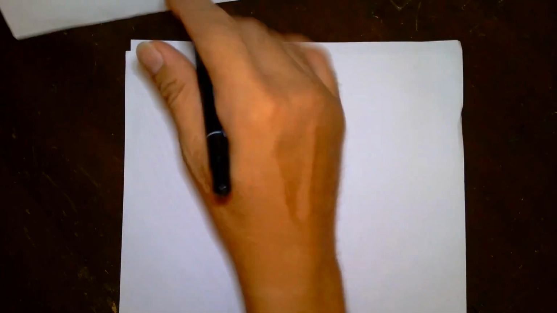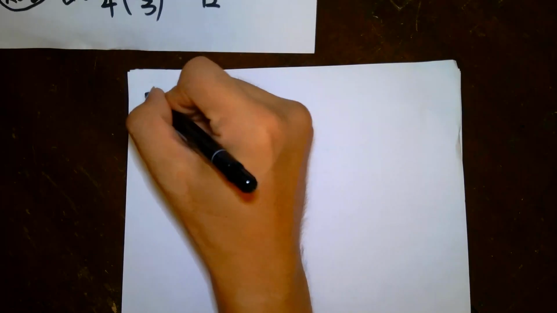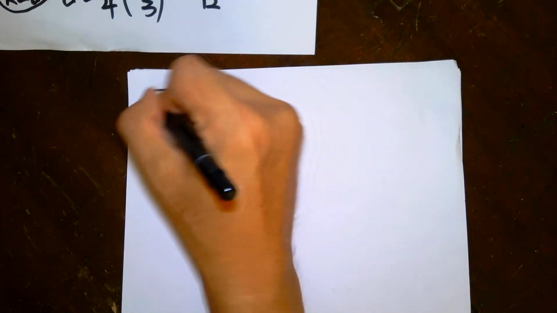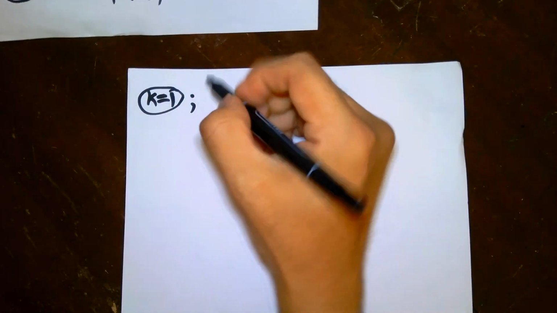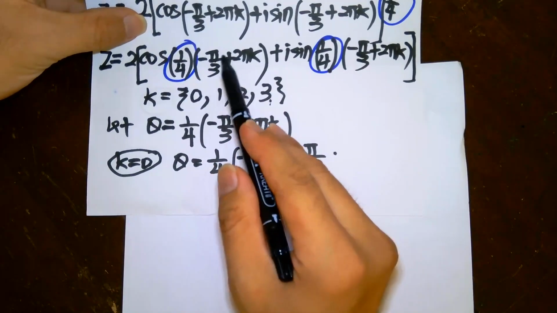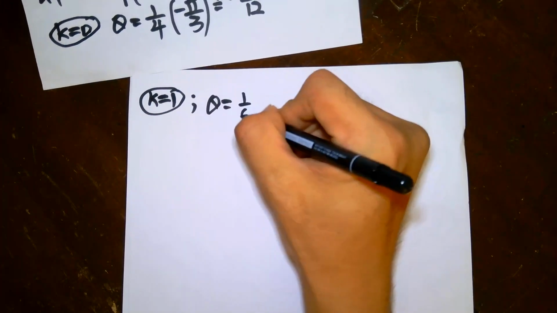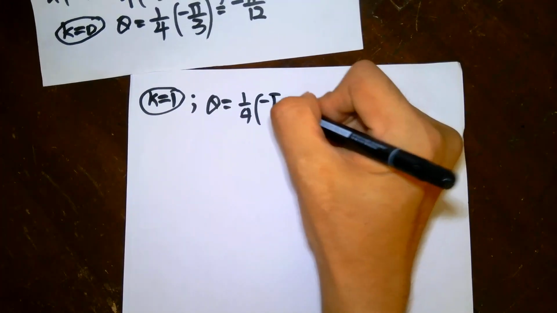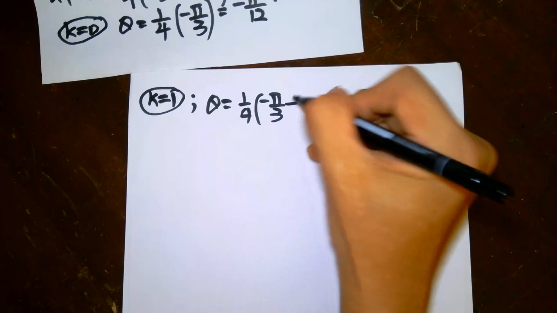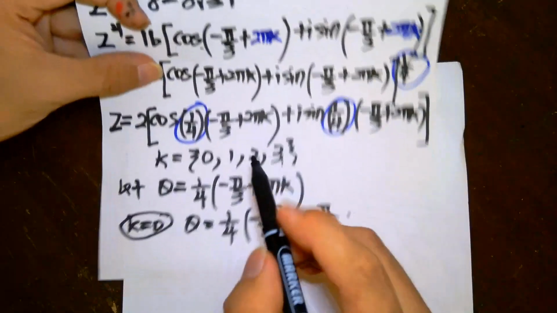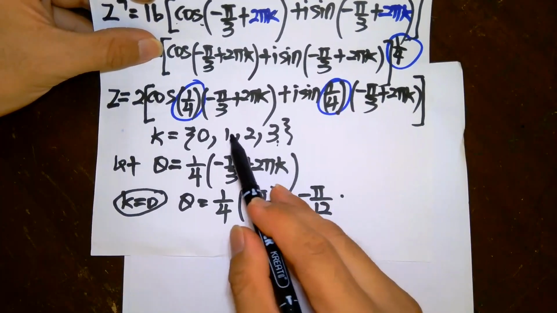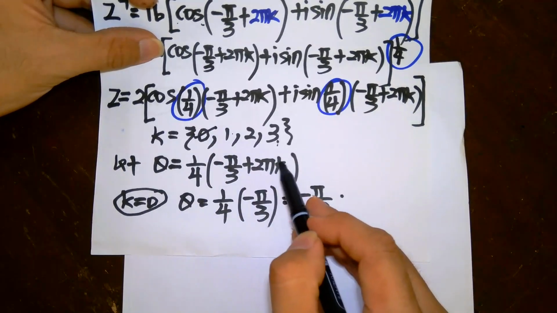So when k equals 1, your theta, using this formula coming from here, will be 1 over 4 times negative pi over 3 plus 2 pi k, where k now is 1. So 2 pi times 1, you have 2 pi.